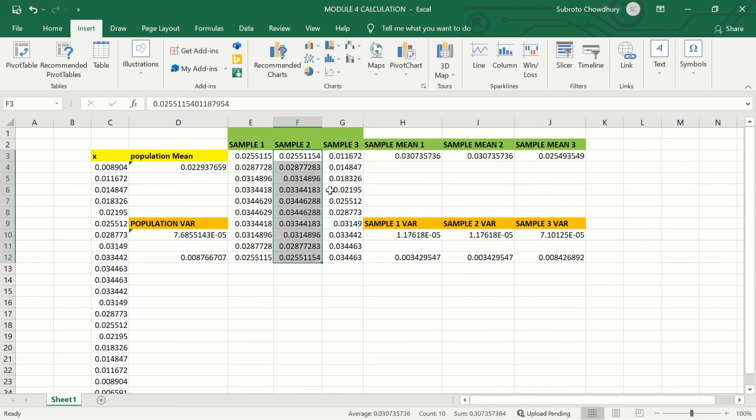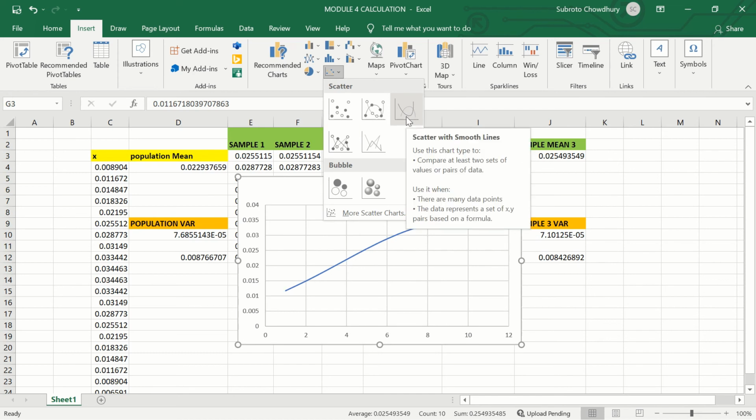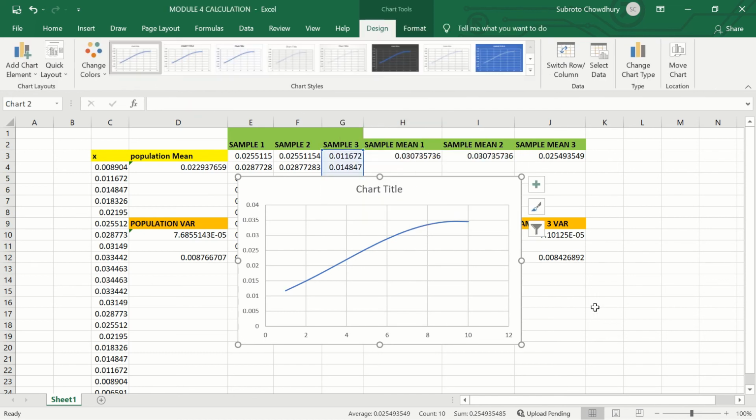Sample 1 and sample 2 are drawn from this population, but look at sample 3. Here the mean resembles the population mean, standard deviation also resembles the population standard deviation, but when we look at the graph, we are unable to correlate this graph with any known graph of normal distribution, right?